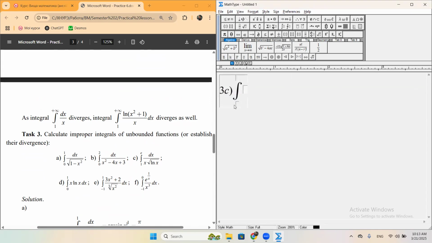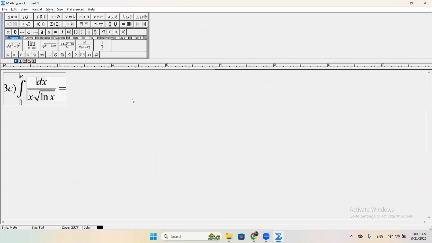We have the following integral from 1 to e, dx over x by square root of logarithm of x. So now let's use the differential entry technique. So we have the differential of logarithm of x.